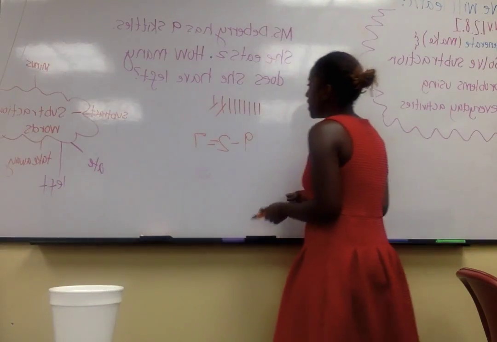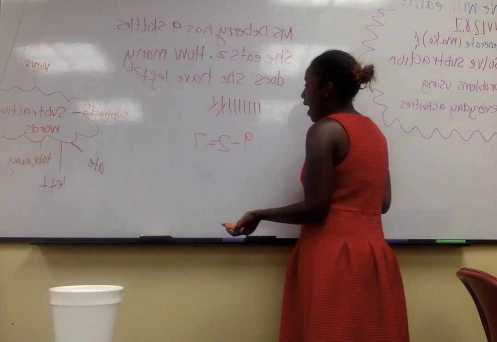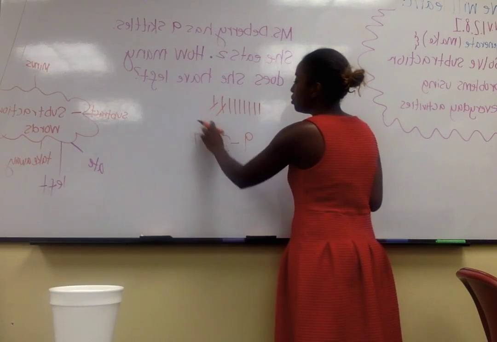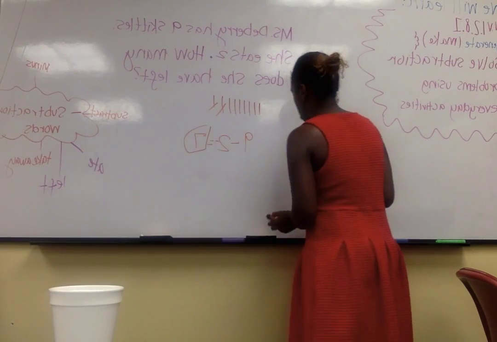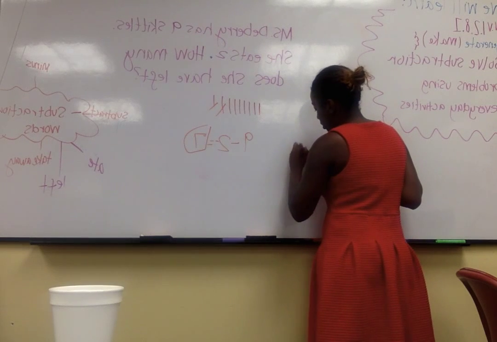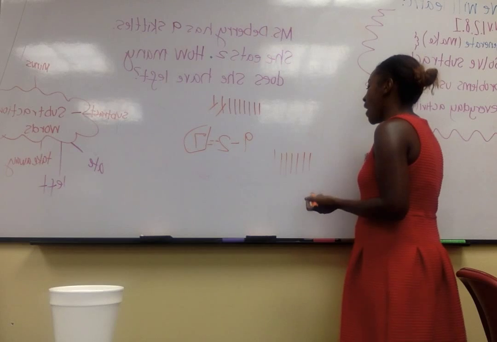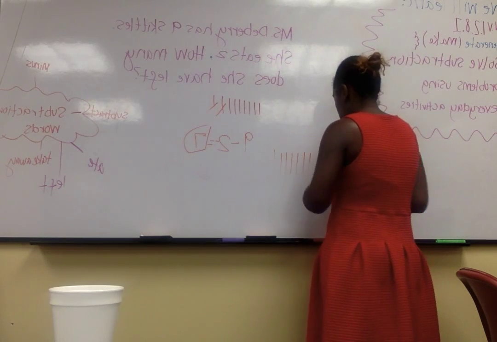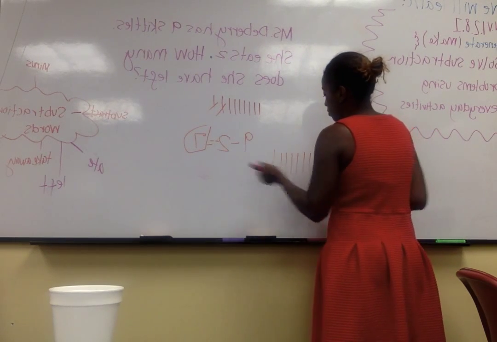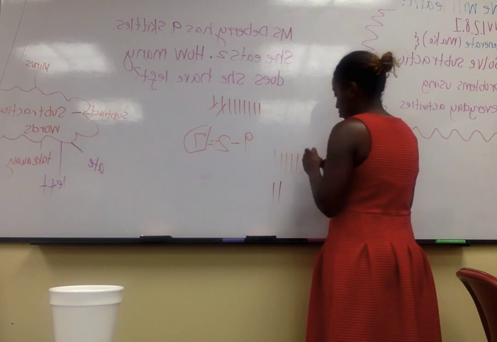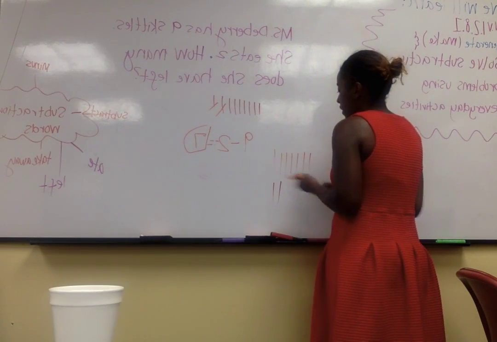Okay, so let's see. I'm going to use the number that I ended with, which was 7. 1, 2, 3, 4, 5, 6, 7. And I'm going to add 2. 1, 2. Let's see.